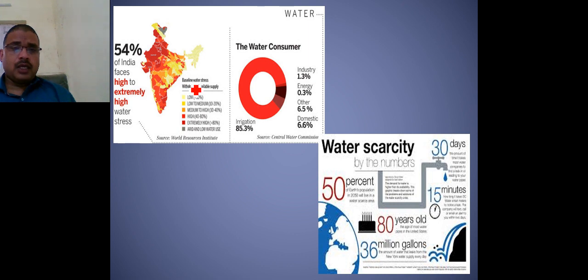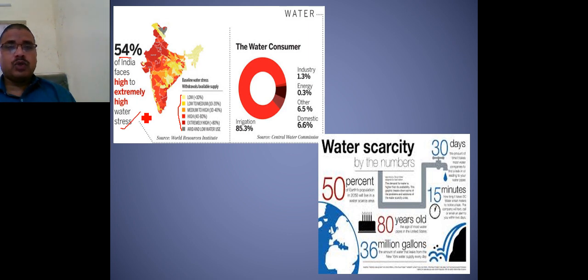According to this data, there is a baseline water stress, withdrawal or available supply. Here you can see the abbreviation is given on the country map. You can observe what the condition of water is in the different areas. 54% of India faces high to extremely high water stress. That means they are not getting proper drinkable water.